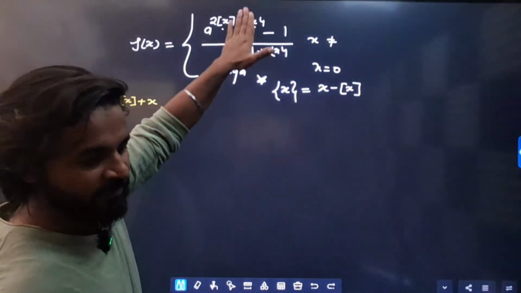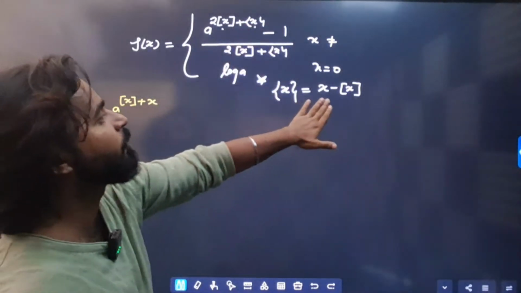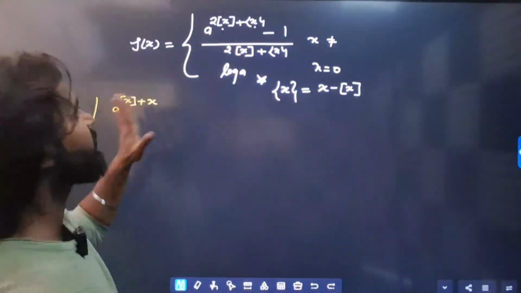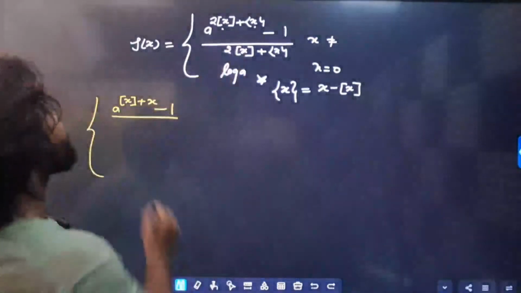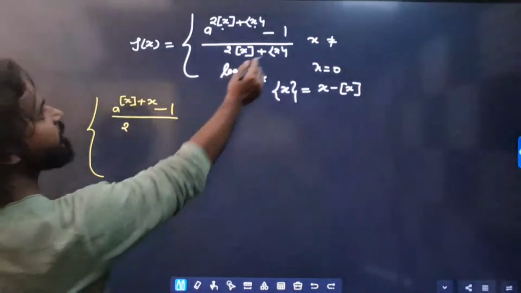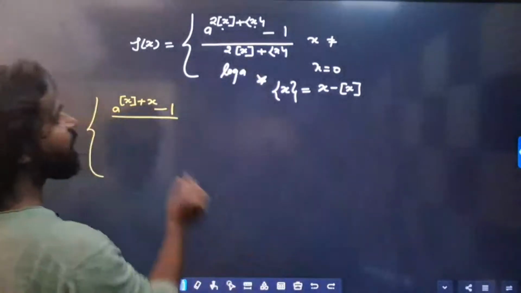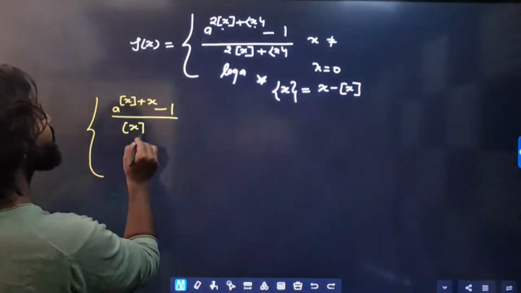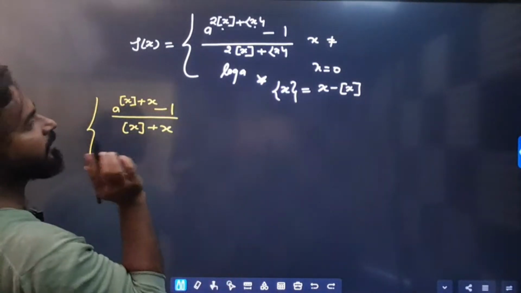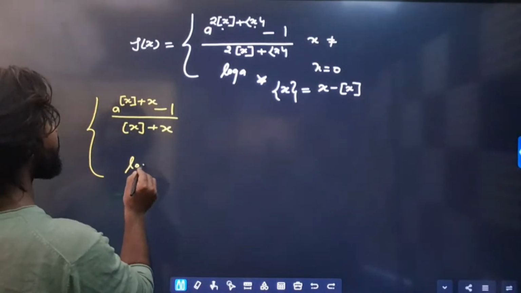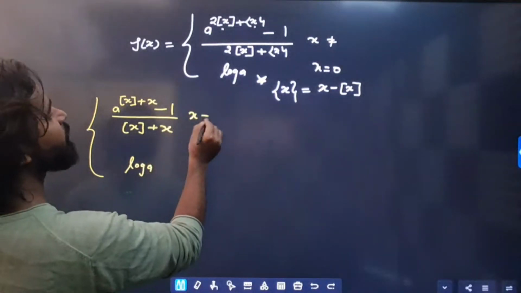Put the value of the greatest integer function of x, and you get the same thing for the numerator and the denominator, so the greatest integer function of x minus x plus x remains, and log a. So the actual question is this.